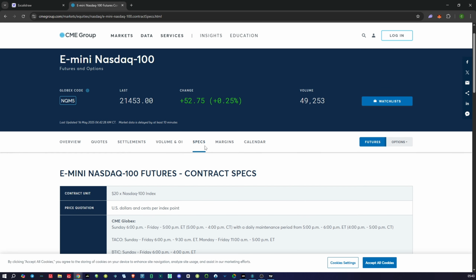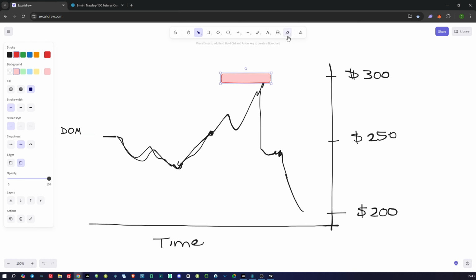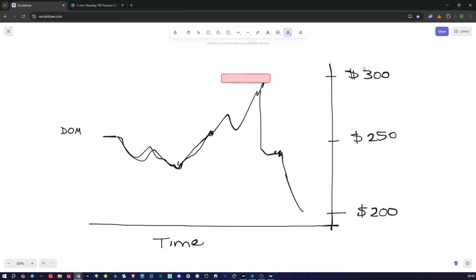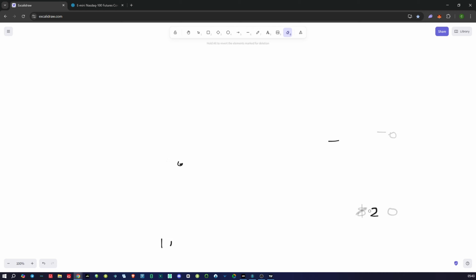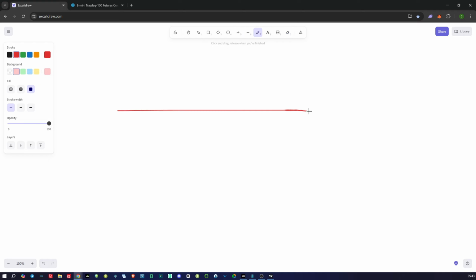Okay, so when you go to specs here, this is the current code for this quarter. I'll explain quarters shortly. The reason you get different codes is that in a year we get 4 quarters, basically.